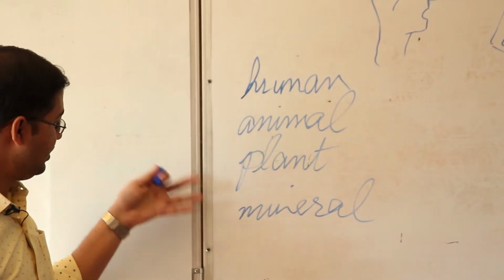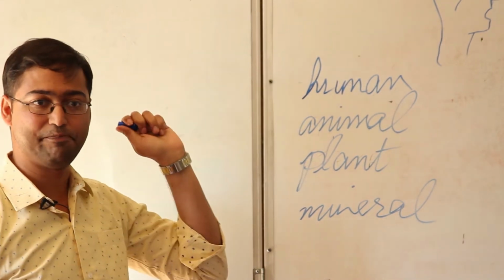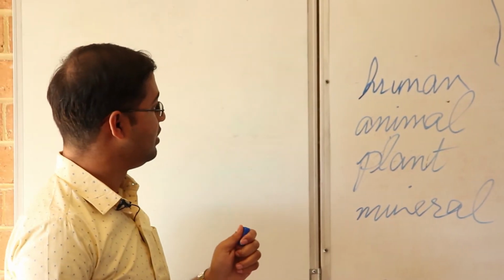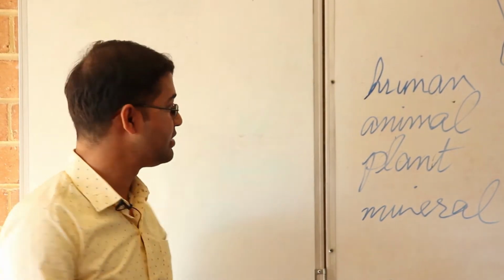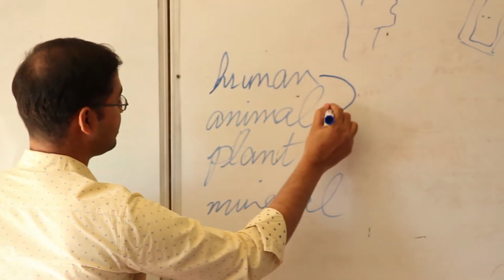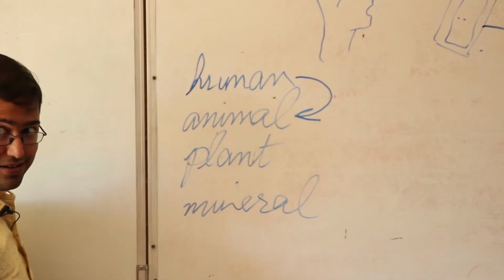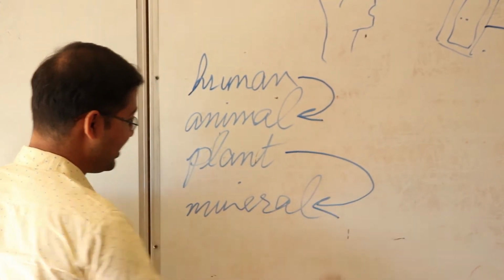You have the simple mineral, plant, animal, and human. Now, the skewing that happens most often is this is trying to be explained through that. This is being explained through that.